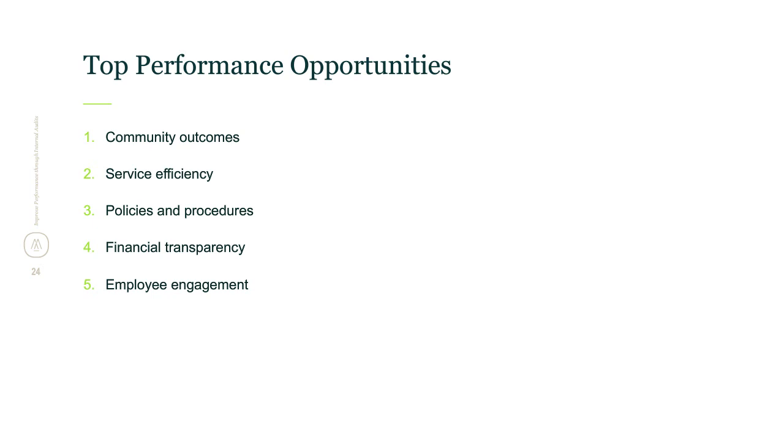And then probably the area that's the least tapped, but really in a way the most effective: if you want to be successful in item 1, community outcomes, you need to be successful in item 5, employee engagement, and how you can get your employees literally more engaged in their roles and contributing to achieving the outcomes.